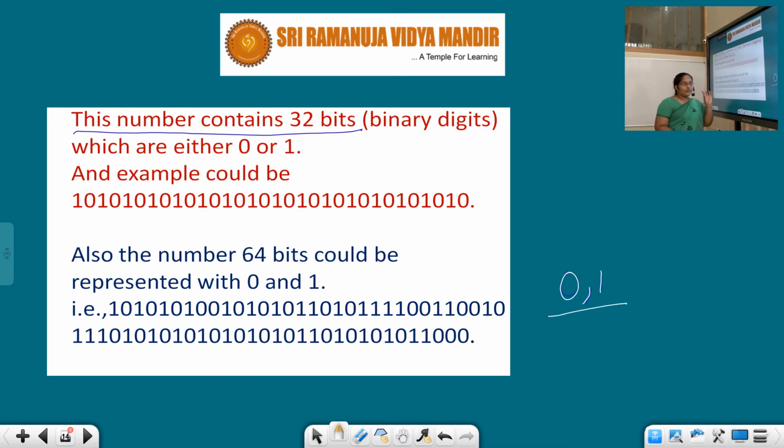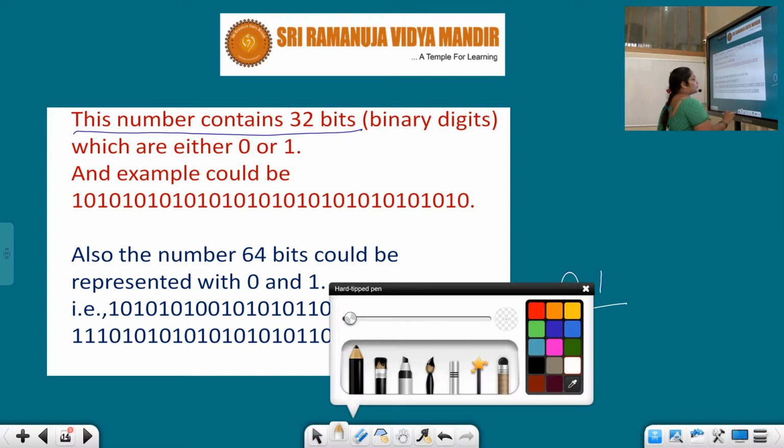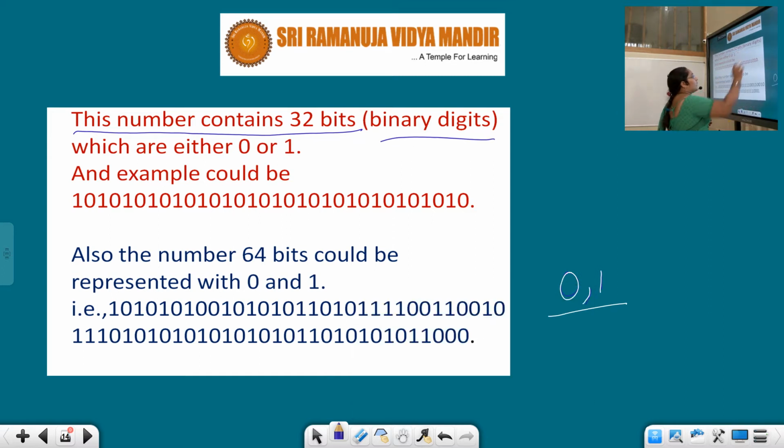We allocate the instructions or the information in the form of binary digits. The computer will take the English language and modify it into binary format. So, these are known as binary digits, which are either 0 or 1.